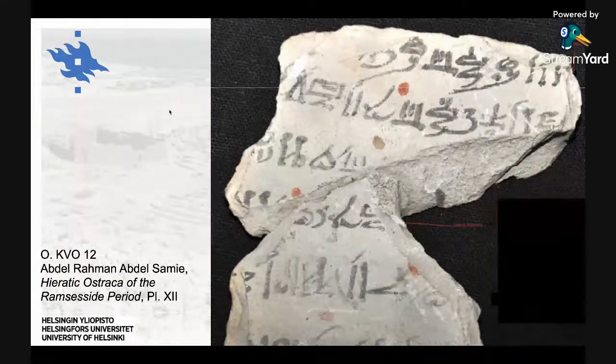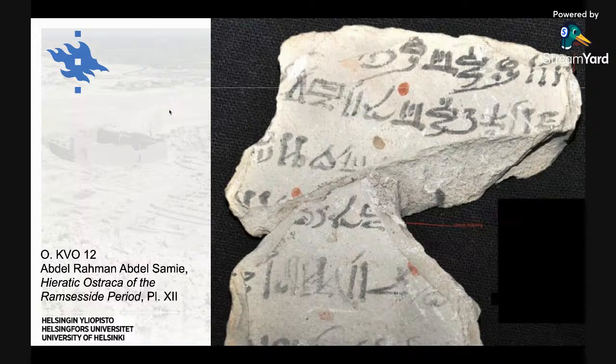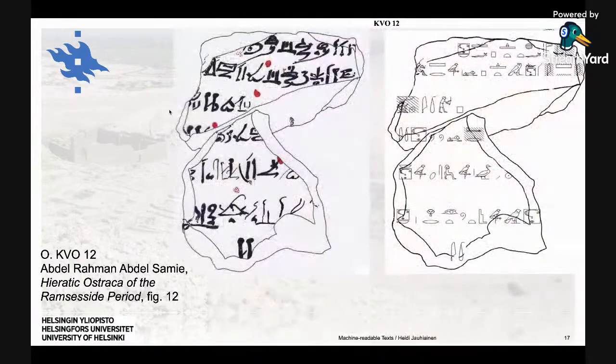Now, in Egyptology, hieroglyphic documents are generally published in books with either a picture or a facsimile, so a line drawing of the text on the object. So here is the previous text as a facsimile on the left. And then this hieroglyphic text is usually transcribed into hieroglyphs.